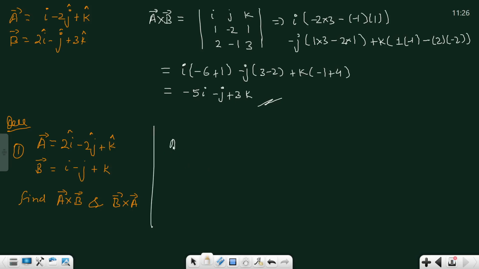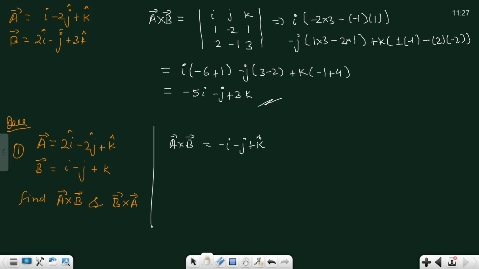So your answer for A cross B? Tell me your answer. Minus i cap minus j cap plus k cap.